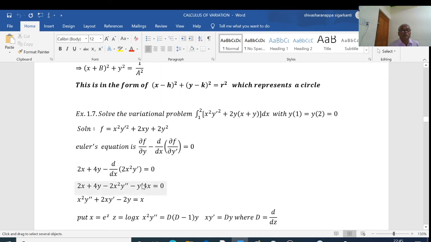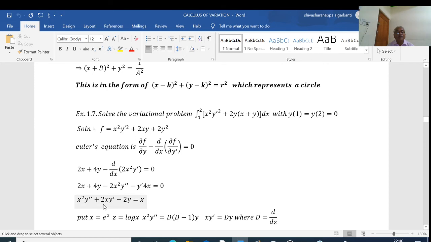And minus 2xy dash, writing on the right hand side, we get plus 2xy dash. And 4y, this is 2y because I have divided by 2 already. 2y, writing on the right hand side, it will become minus 2y is equal to x. That is x square y double dash plus 2x into y dash minus 2y is equal to x.